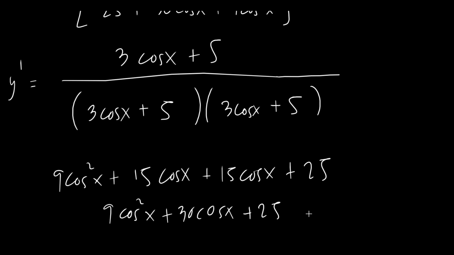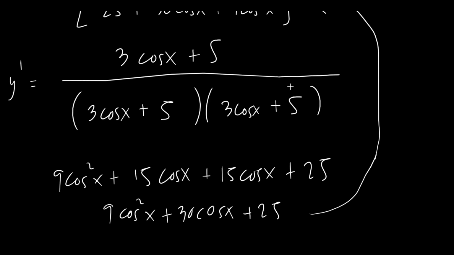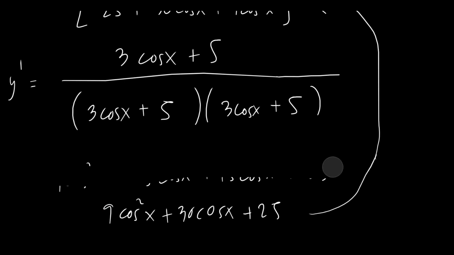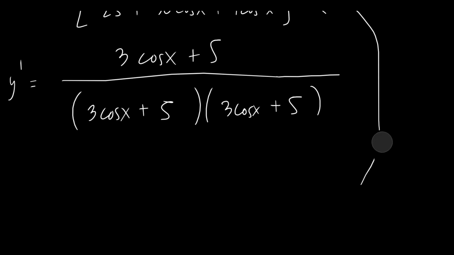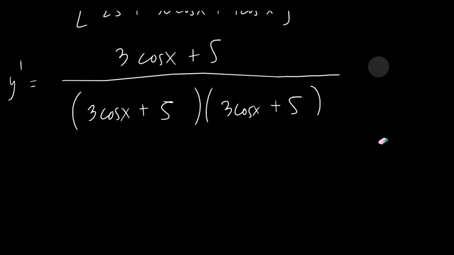So this is equal to this one, right? 9 cosine squared x plus 30 cosine x plus 25. So this is the right factored form for the denominator. So let's simplify.